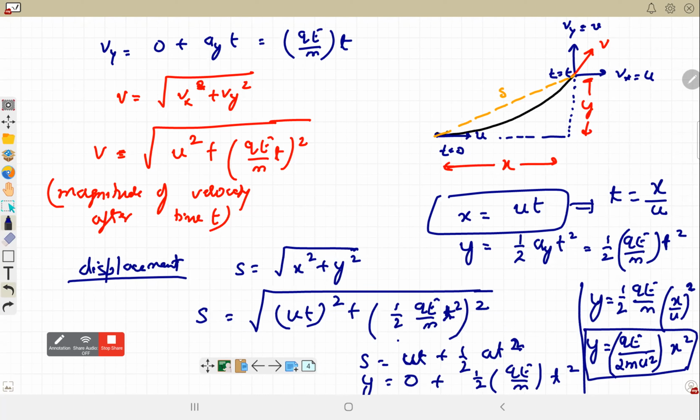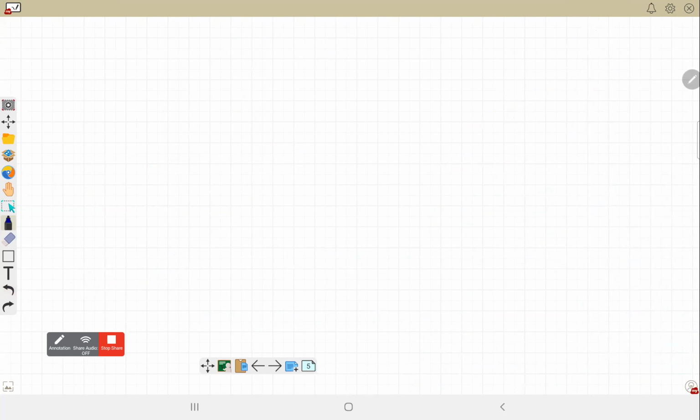Equation of path of this particle, which is moving along x direction, but there is an electric field along y direction. Right? Yes. Yes, sir. Okay. Next doubt.